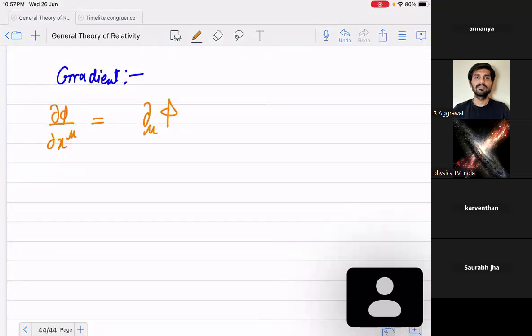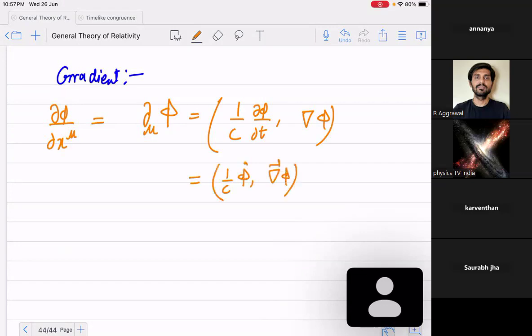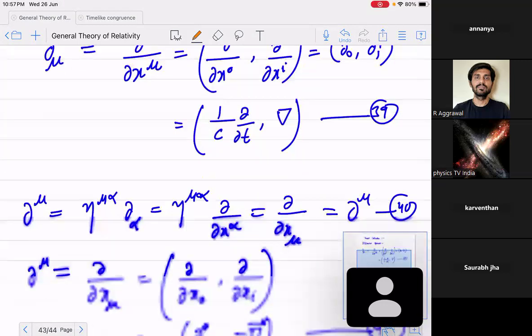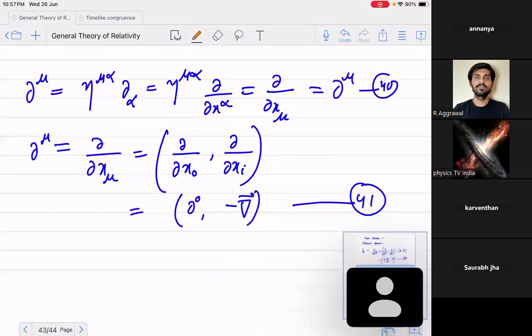It is known as the gradient. It is the definition of the gradient, equations 41, 42.